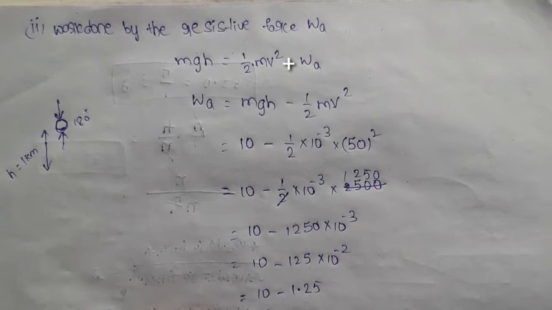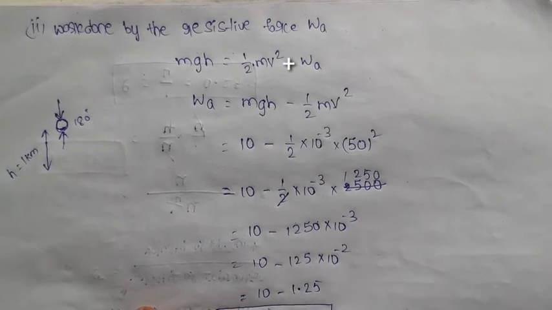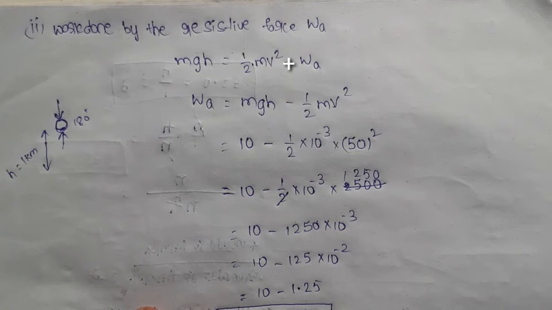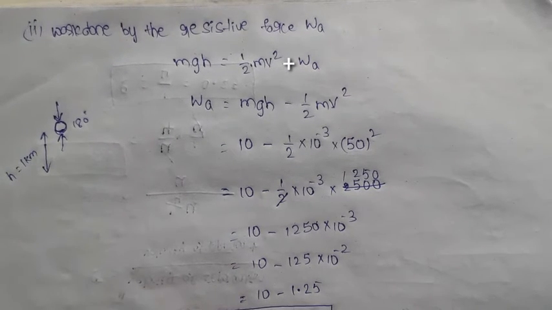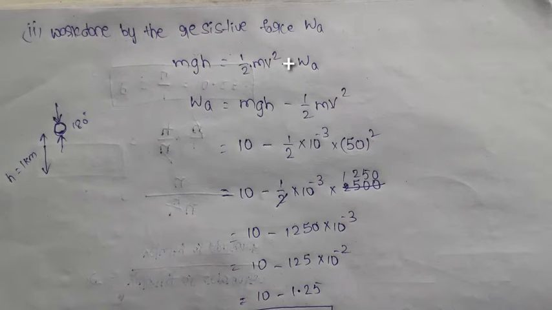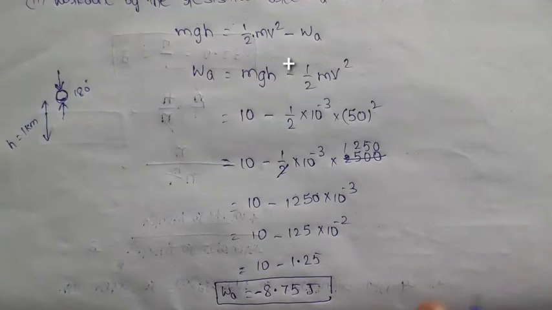W_A value, work done by the resistive force of air, is minus 8.75 joule. So work done by the gravitational force is positive 10 joule. Work done by the resistive force of air is minus 8.75 joule. So here negative work done is going to happen.